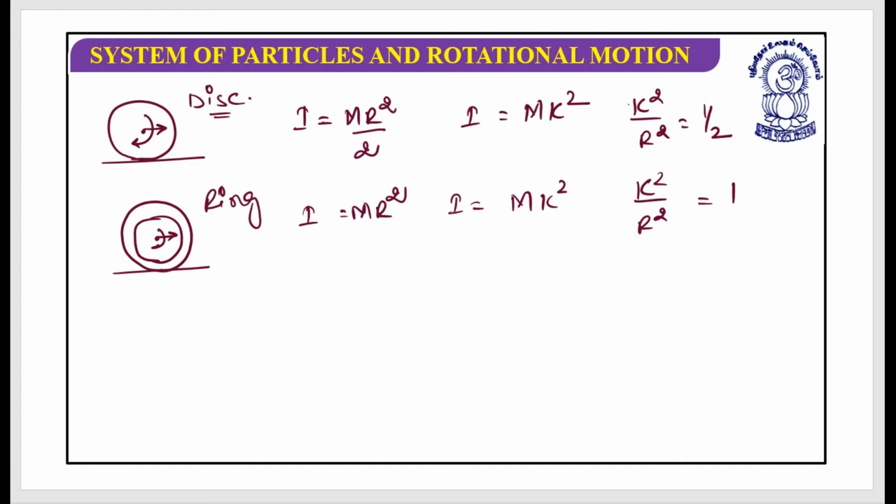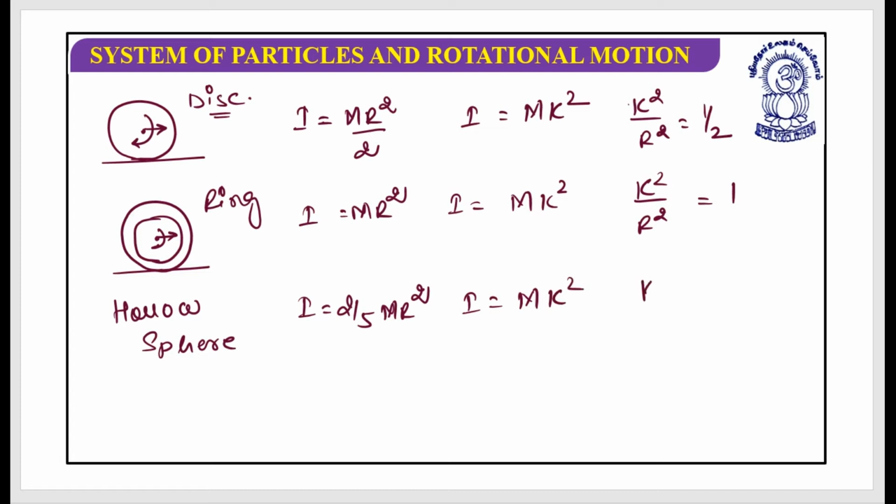Let's say for the hollow sphere, the moment of inertia is 2 by 3 m r square... comparing it with m k square, I have k square by r square equal to 2 by 5.